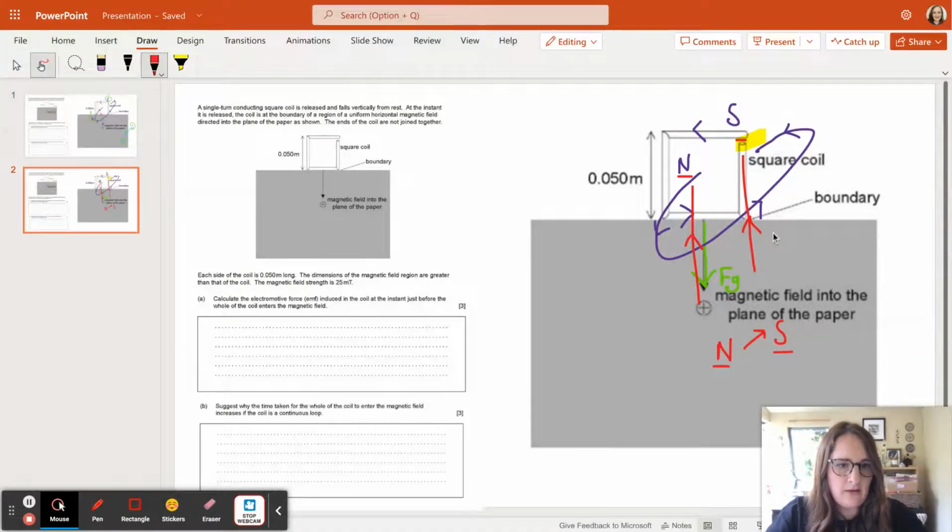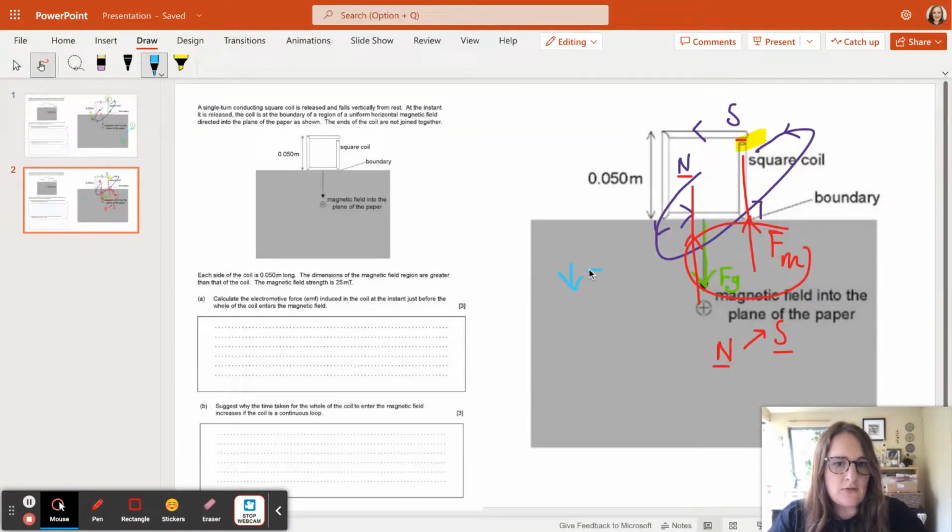Okay, so there's now a force due to the two magnetic fields interacting, acting up, and that's going to act on the coil. We're getting repulsion from this north pole on the coil in the upwards direction. And so now what we have is a magnetic force acting against the gravitational force. And so the resultant force that is acting down on the coil gets smaller.